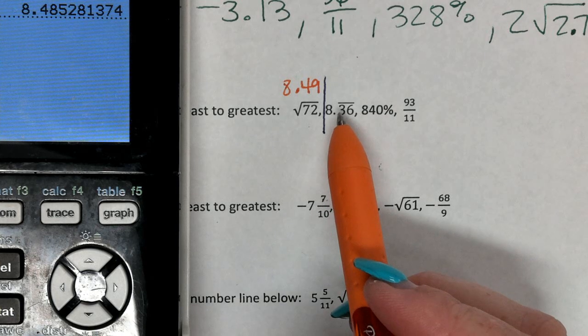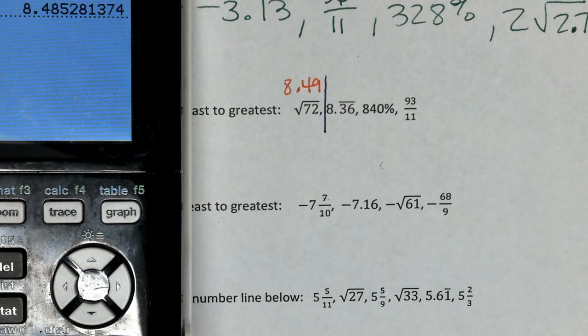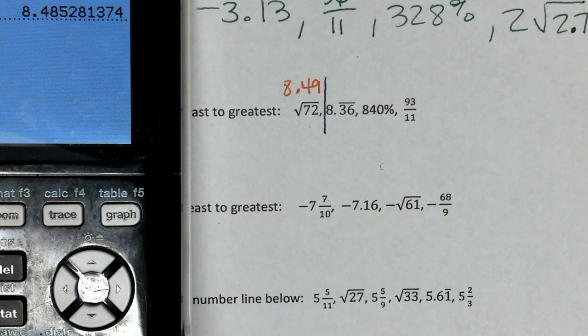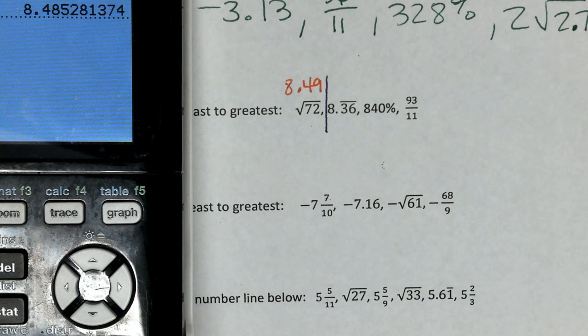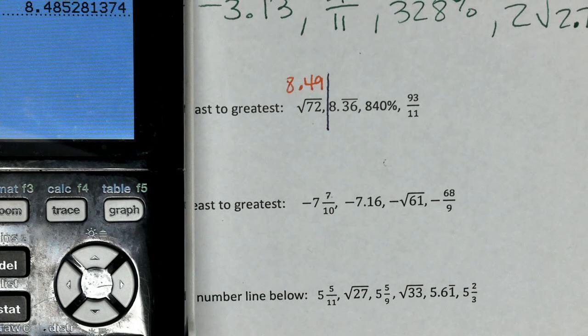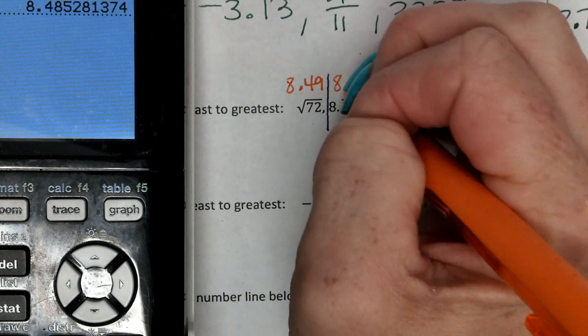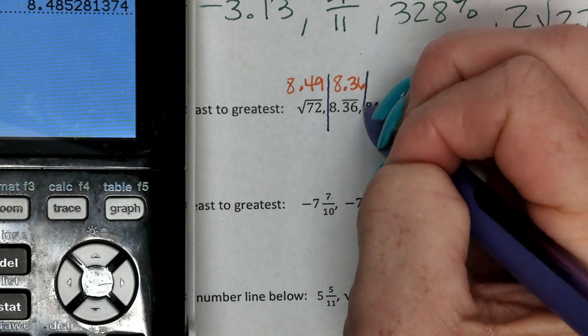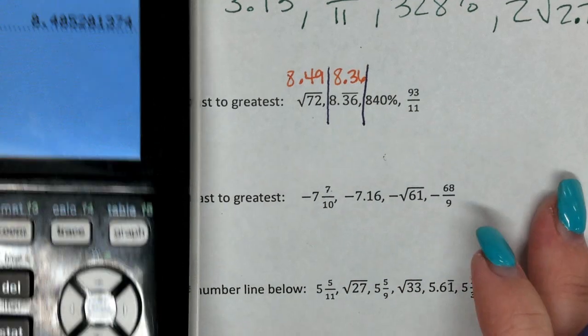Does anybody remember? It means it repeats. So this number is 8.36363636, and it keeps going. But if I'm going to write it like money, what am I going to write? $8.36. Good.